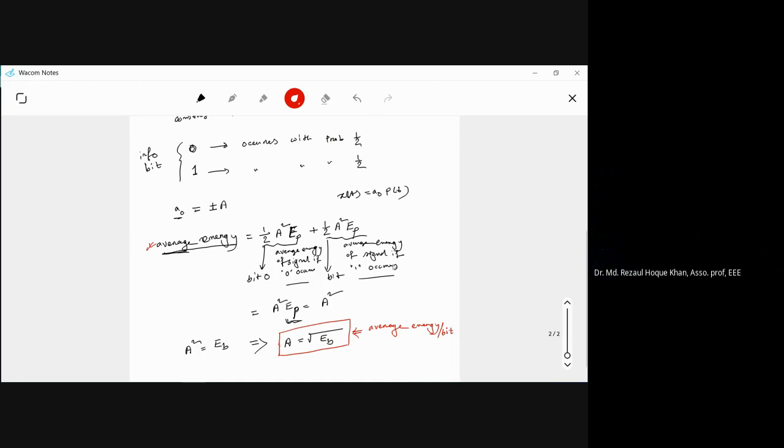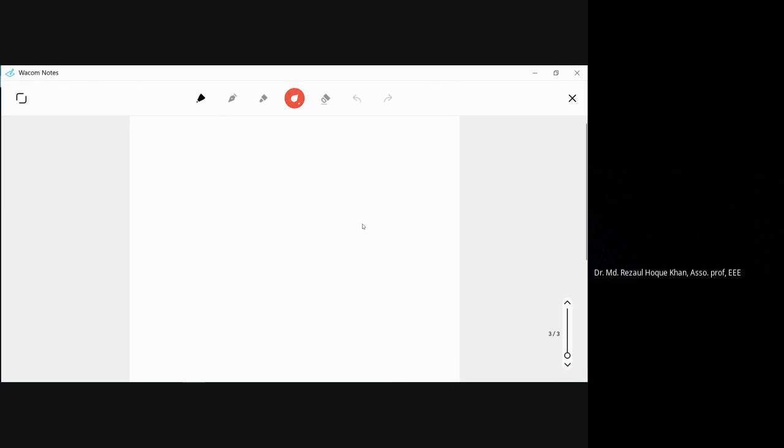Therefore, what are the transmitted waveforms? If it's 0, then a0 represents plus A, which represents square root of Eb.